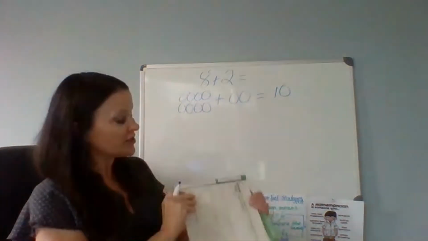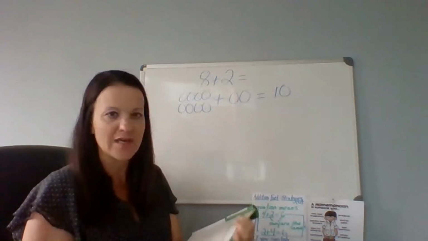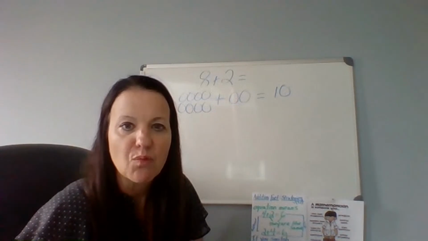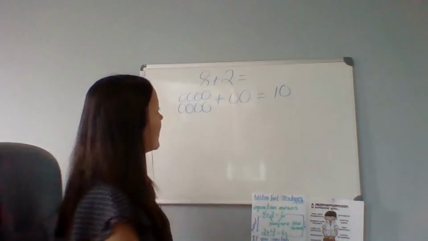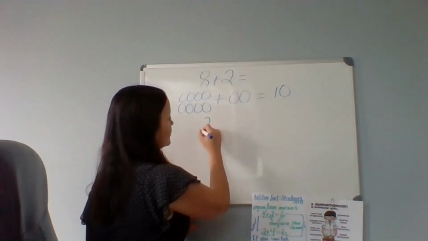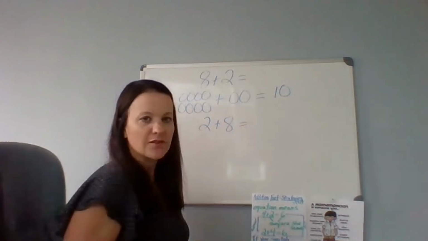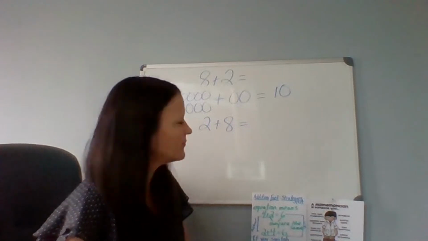Now, there's another spot for another equation there. What do you think we should add there? What if I flip those addends? If I flip and I do 2 plus 8 equals. Do you think I'm going to get 10 again? Let's try.